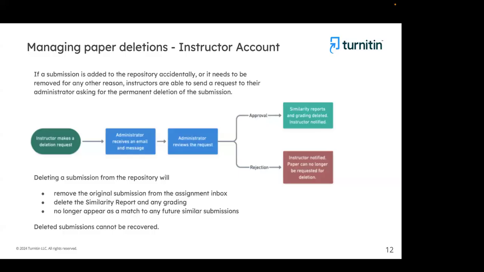But I request faculty members to please look at this process very attentively, because the moment you remove the papers from the inbox or delete the assignments, it becomes really difficult to restore those papers and then raise a paper deletion.